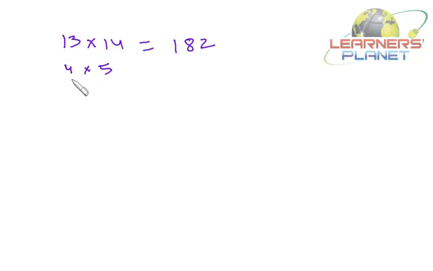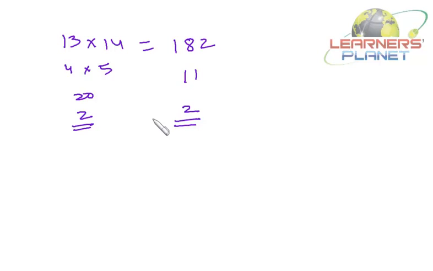So it's 4 into 5, 20, and the final digital root is 2. Now let's see what's there in 182. It's 1 plus 8, 9, 9 plus 2, 11, and 1 plus 1, further we are getting 2. So we see the digital root of both sides is the same.